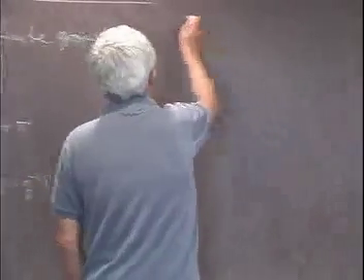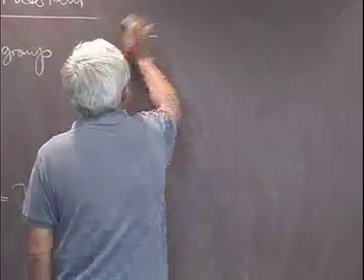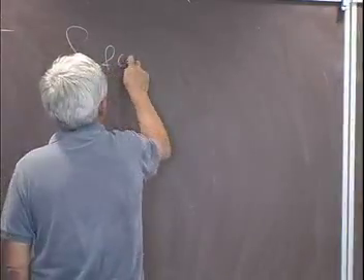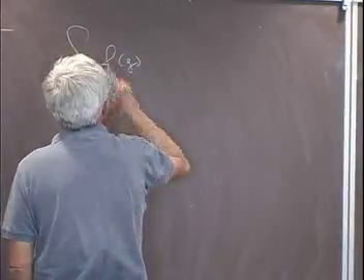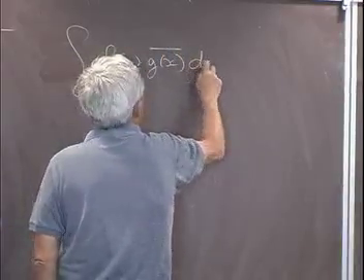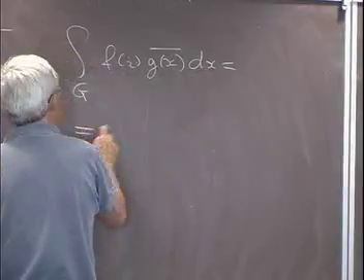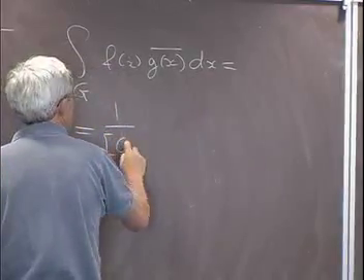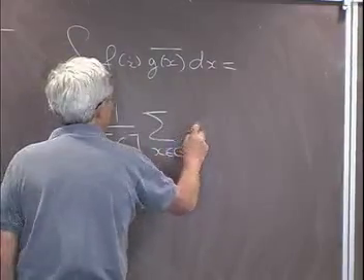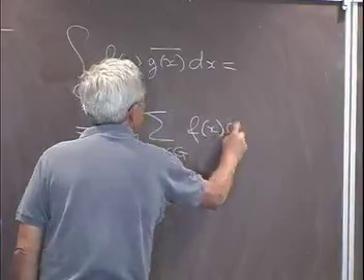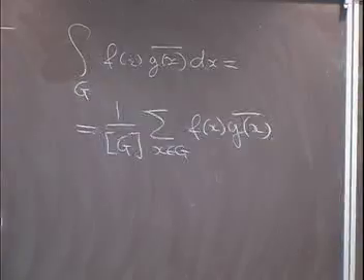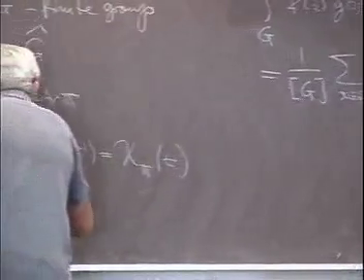if I look on G at the inner product, which I denoted by the integral over G of f of x times g bar of x dx, which was just the normalized sum over G, then these characters are orthogonal to each other.